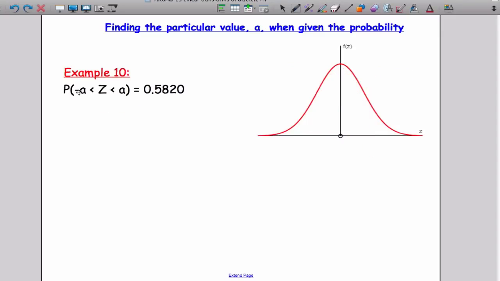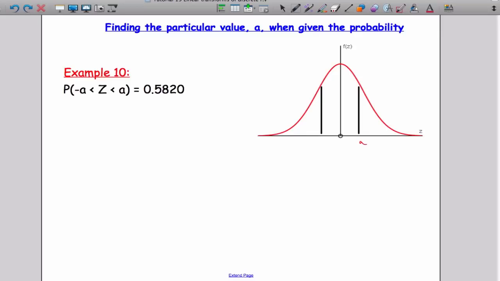What about, I'm told that the probability of minus A less than Z less than A equals 0.5820. So we're going to have two values, A and minus A. And I know that one must be to the left of the 0, one must be to the right of the 0, because one is positive and one is negative.